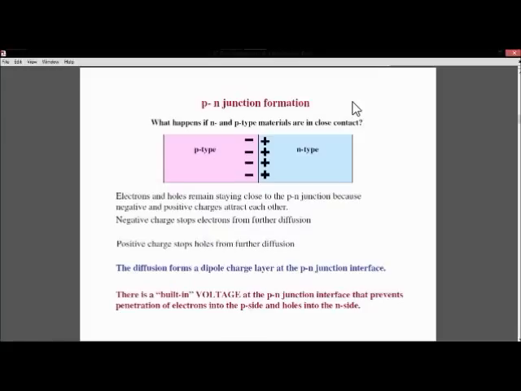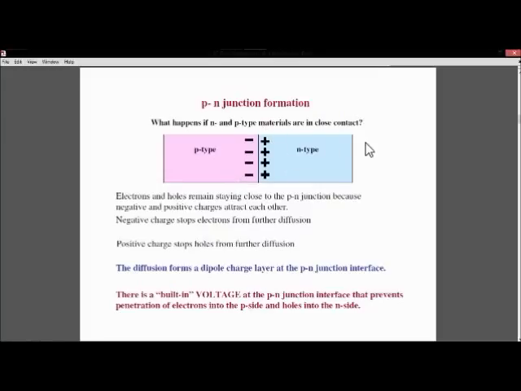The electrons and holes stay close to the PN junction. The negative and positive charges attract each other, and the negative charges stop electrons from further diffusion, and the positive charges don't allow the holes to diffuse further. So equilibrium is reached in this case.